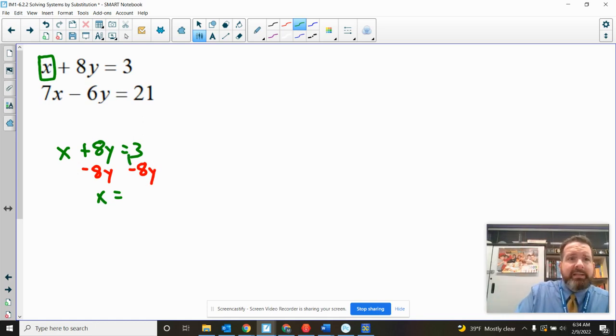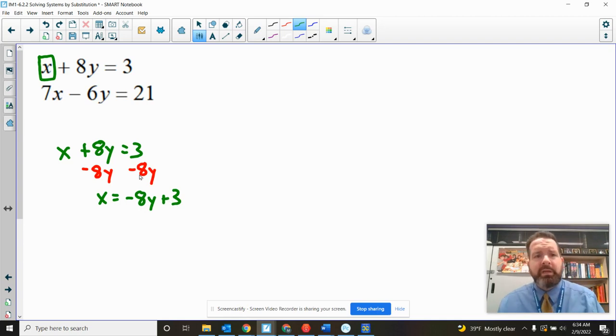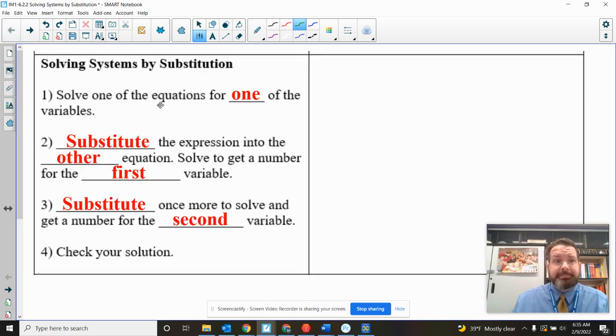And on the other side, we've got the negative 8y plus 3. I'm typically going to write my variable first. That's a personal preference thing. Okay, that's what step one means. You need to have one equation that is one variable equals stuff with that variable isolated.